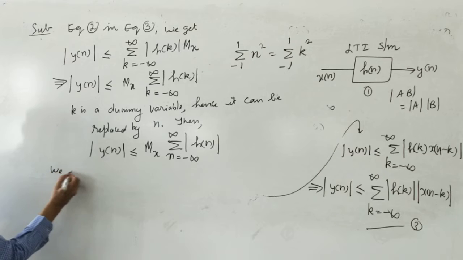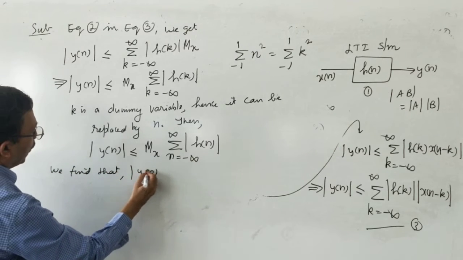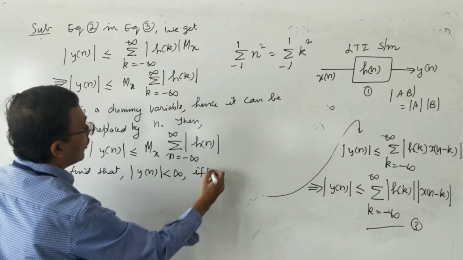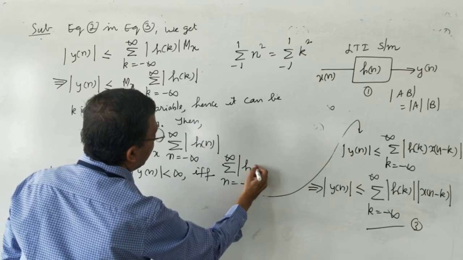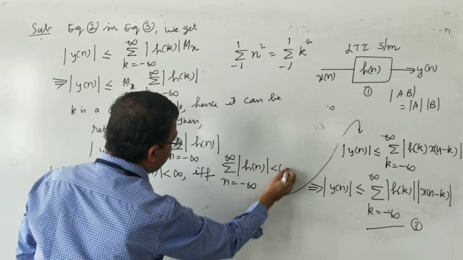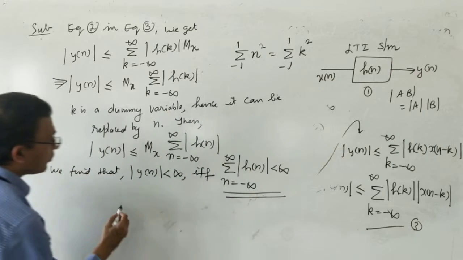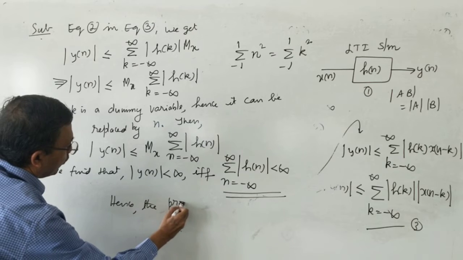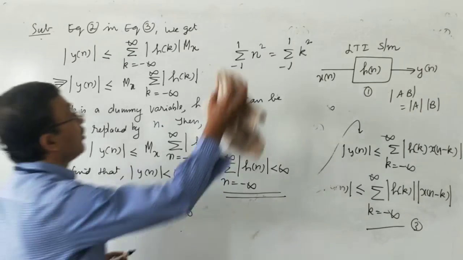We find that magnitude of y of n is less than infinity if and only if summation n equals -infinity to +infinity modulus of h of n is less than infinity. Hence the proof. Very important proof for studying digital signal processing in the subsequent semester.